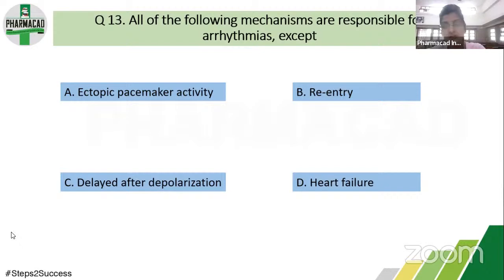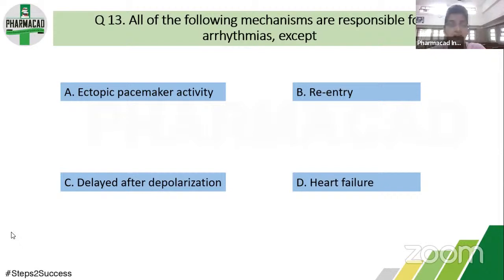So that is re-entry of your impulse. The impulse is not able to get out in one go, so due to this re-entry the impulse still remains in your tissues, and hence the action potential keeps on generating. So this is another possible reason for arrhythmia.